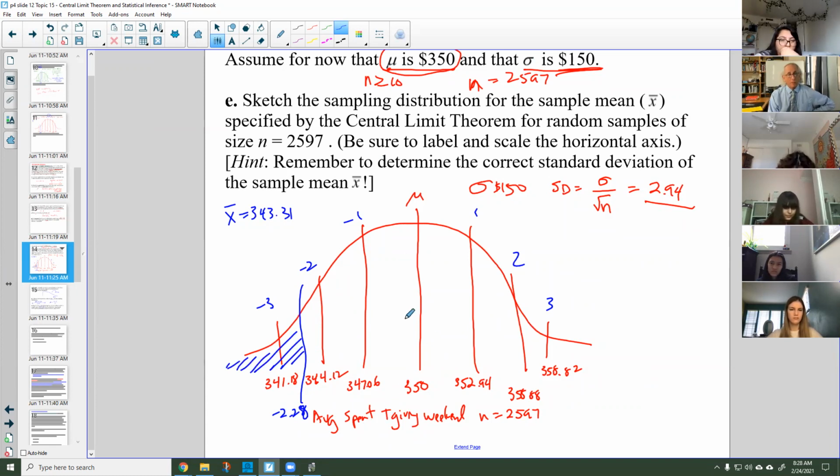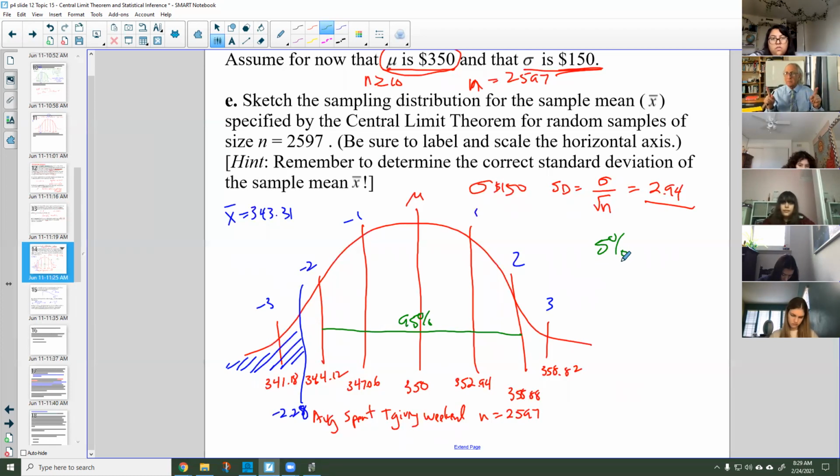In fact, let's just use the empirical rule for a second. Between -2 and 2, 95% of all data values are between -2 standard deviations and 2 standard deviations. Everybody okay with that? That means only 5% is left. There's only a 5% probability that I'm going to be outside of -2 to 2 standard deviations from the mean.